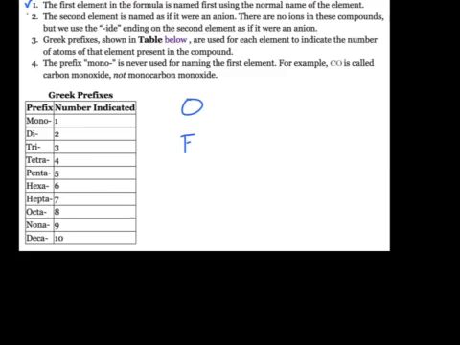Now, the second element, so we have CO2. Yes, it's carbon dioxide. I just gave you the name for it. Well, the second element is named as if it were an anion.